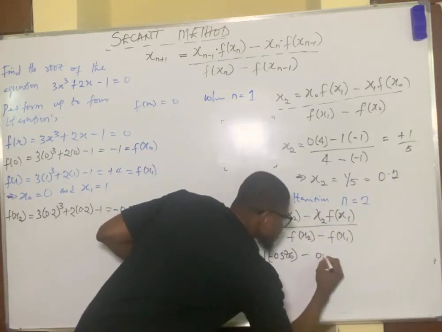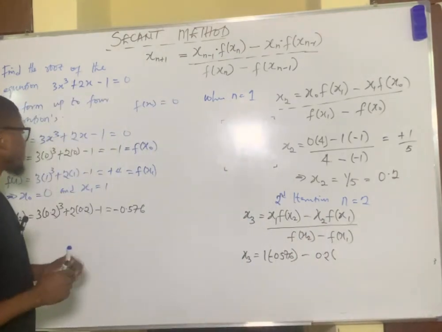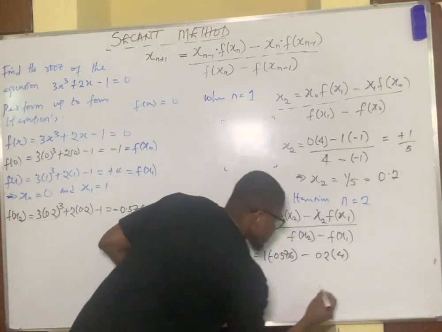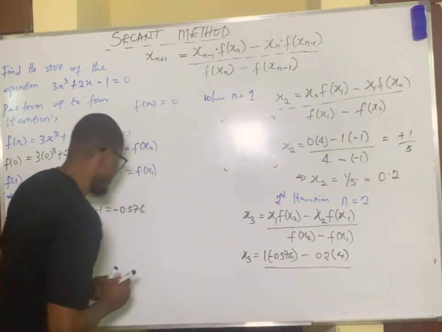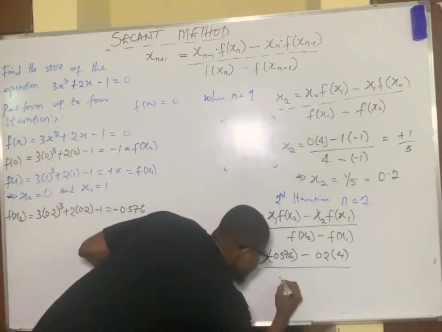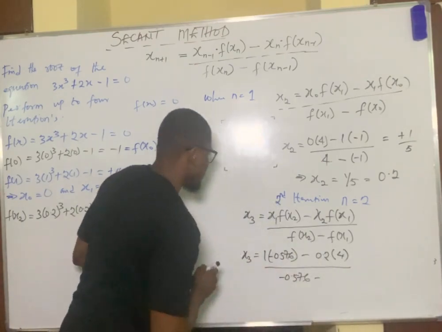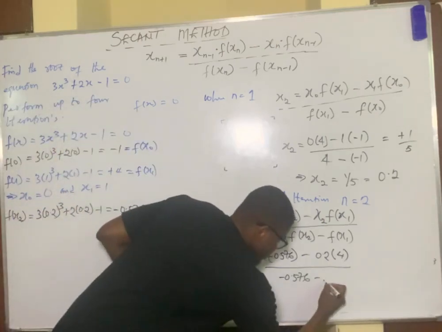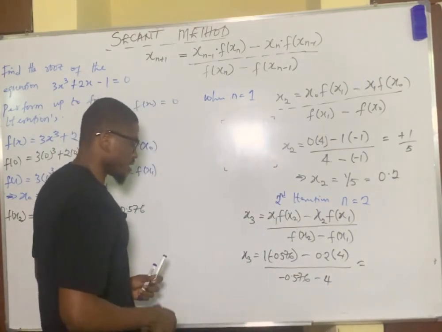So minus 0.2 multiplied by f of x1, and f of x1 simply gave us positive 4. So multiplied by 4. The whole of this divides f of x2. f of x2 once again gave us negative 0.576. You have negative 0.576 minus f of x1. f of x1 simply gave us 4. So minus 4.